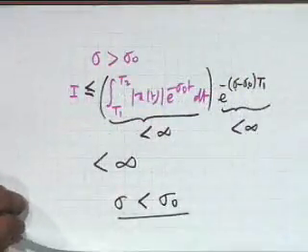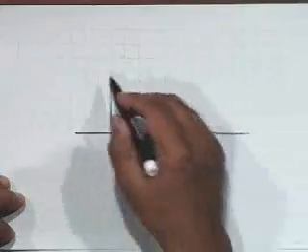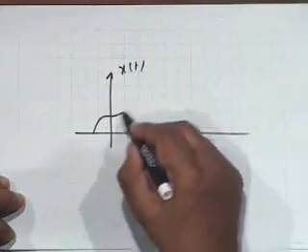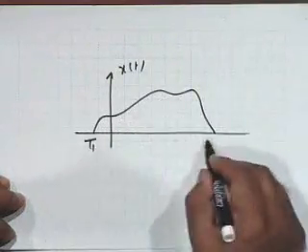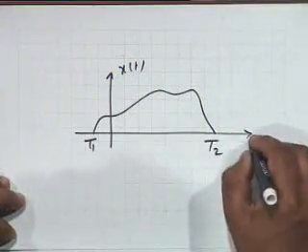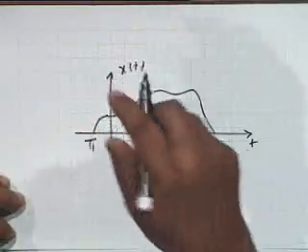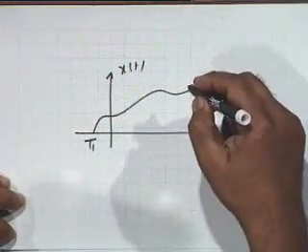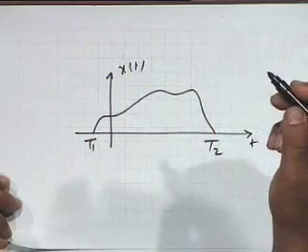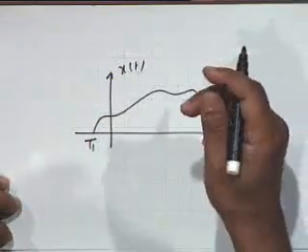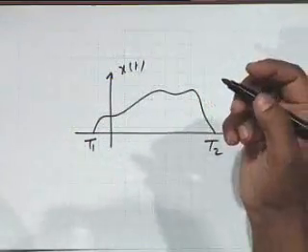The sum and substance of the story is, if you have an x of t defined over some finite region of t, and if the Laplace transform exists at any point in the S plane, it may not exist, why not?